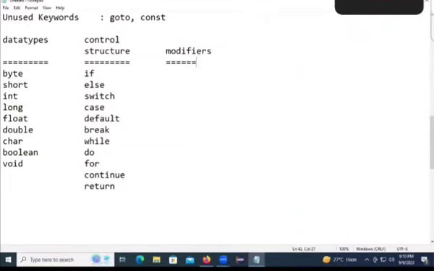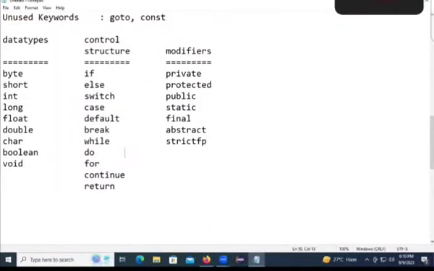Modifiers: public, private, protected, static, final, abstract, synchronized, volatile.